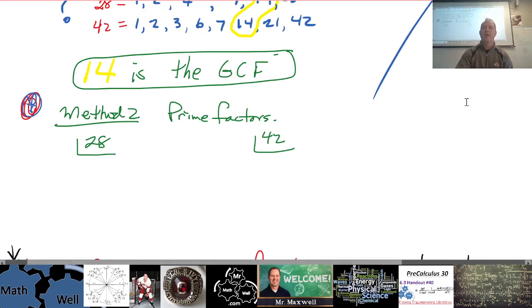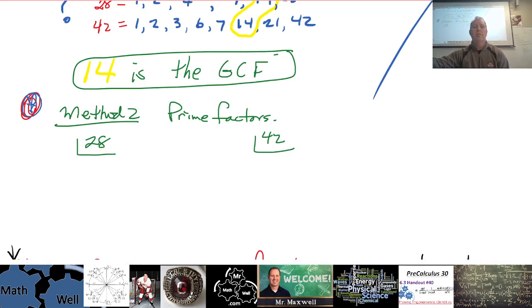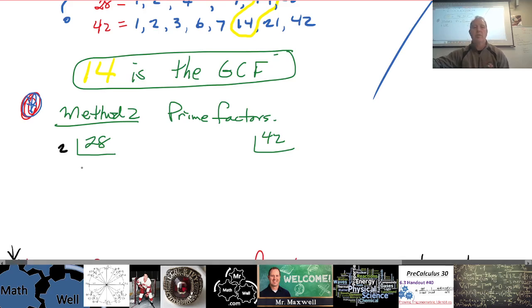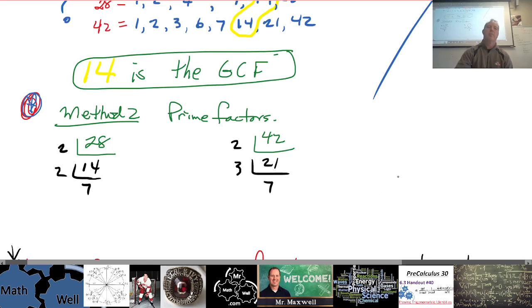So the prime factor method, what you do is you take each number and you separate it into its prime factors. So there's a 2 and 14, 2 and 7, okay? So, done. And then 42, 2 and 21, 3 and 7, okay? So those are the prime factors of 42.